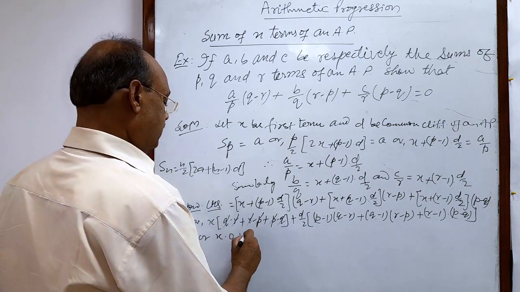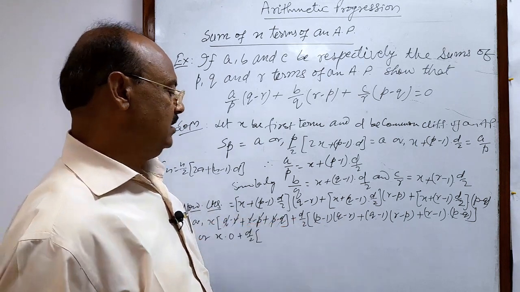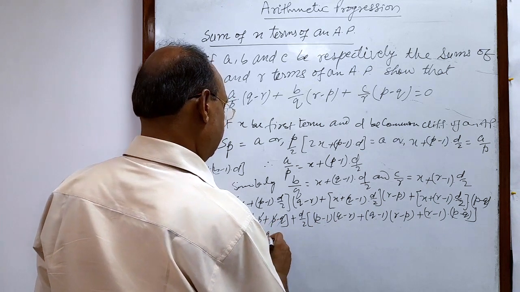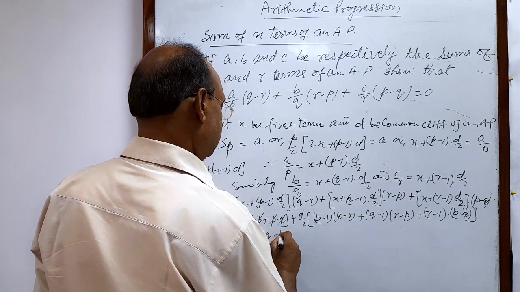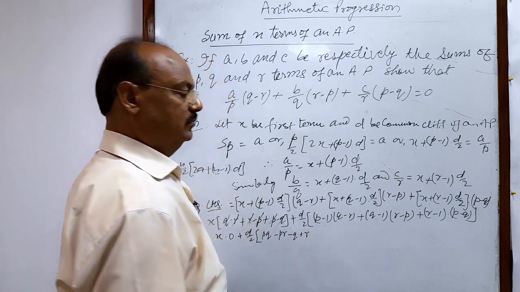And second term is d/2. When we multiply these two factors, you see you are getting here pq minus pr minus q plus r.